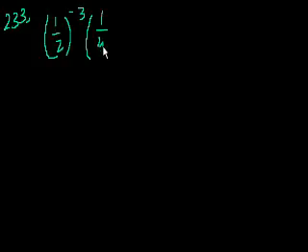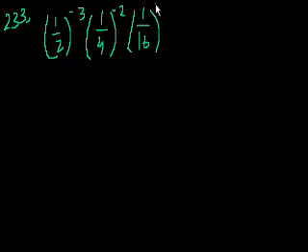All right, they have 1/2 to the minus 3 power times 1/4 to the minus 2 power times 1/16 to the minus 1. The first thing I do when I see negative exponents, just so they don't confuse me, is that I just invert all of the numbers. So this is the same thing as 2 to the third power, right?